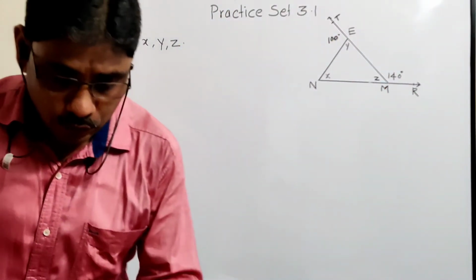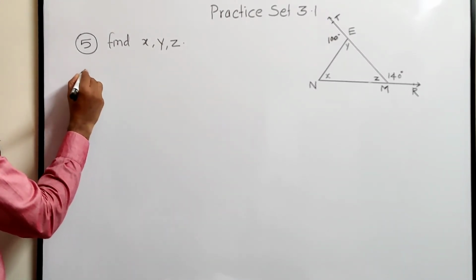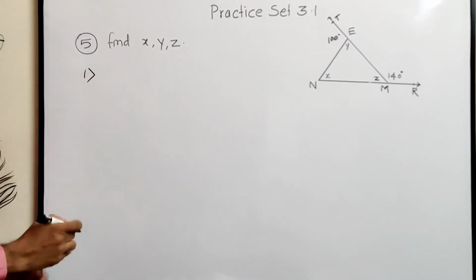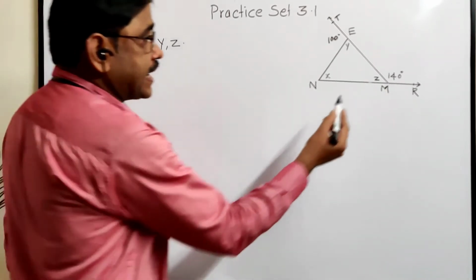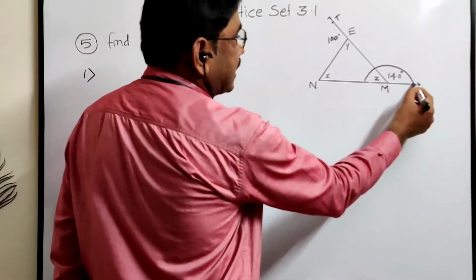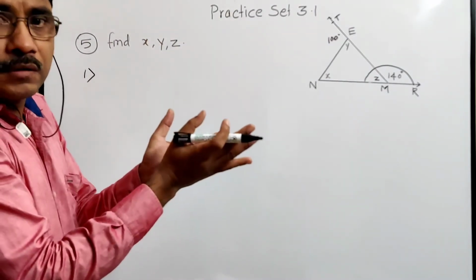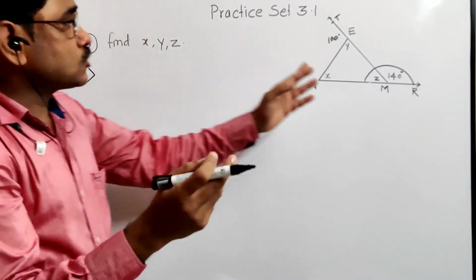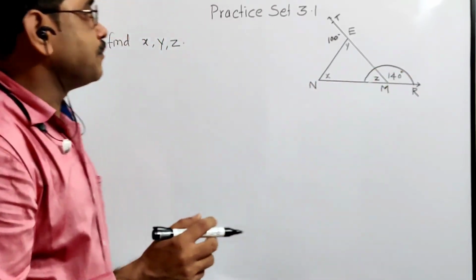We have to find the values of x, y, z. So first, we can use different statements or different properties. How will we get this z? This angle plus this angle forms a linear pair. You know our protractor is 180 degrees. So these two angles form our protractor. Therefore, their sum is 180. So which angle?